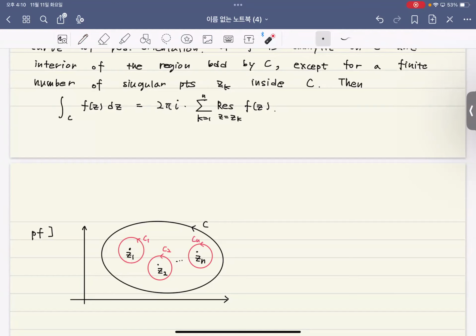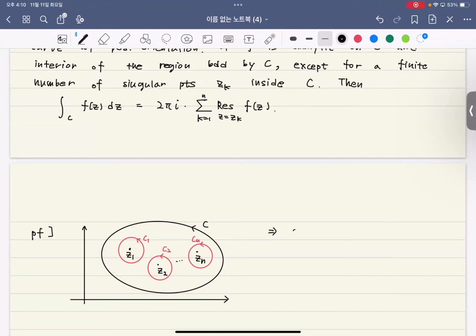And because of the Cauchy's integral theorem, the region outside of these red circles and inside of this huge curve C is clearly analytic, right? Because every singular point is now being excluded, since we are taking a hole around these singularities. So there are no singularities in this remaining area, right?